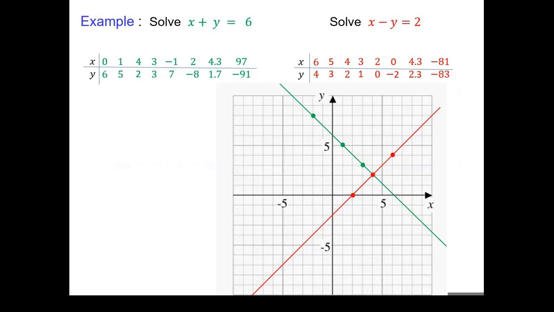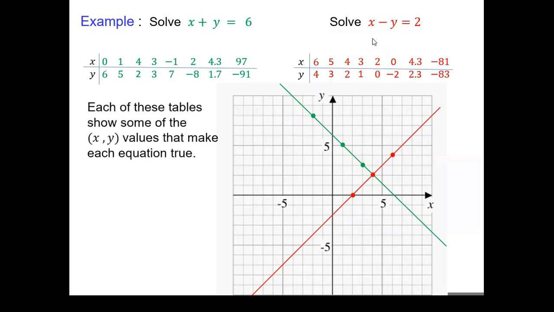So this method of solving a system of equations is basically to graph the two different equations and see if there's any x and y that make both equations true. So notice that the green table over here shows us some of the x and y values that make the equation true, while the red one also shows me some of the values that make the red equation true.